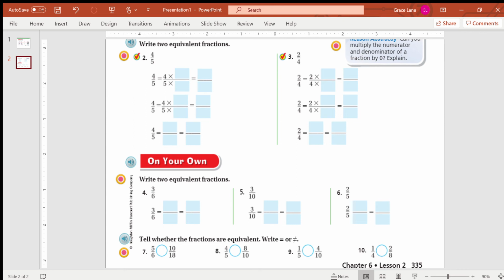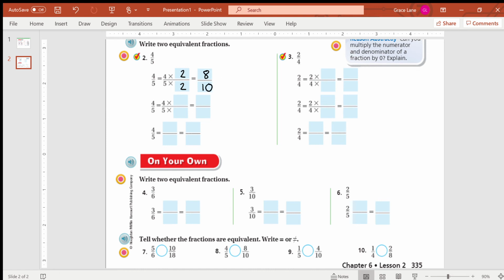So like on number 2, it says write 2 equivalent fractions. You're doing 4/5 and you pick what factor you want to multiply by. I'm going to choose 2. If you multiply the numerator and the denominator by 2, your new fraction is 8/10.